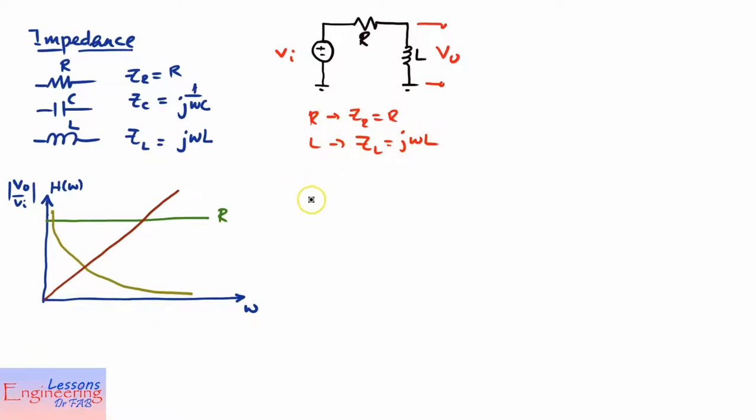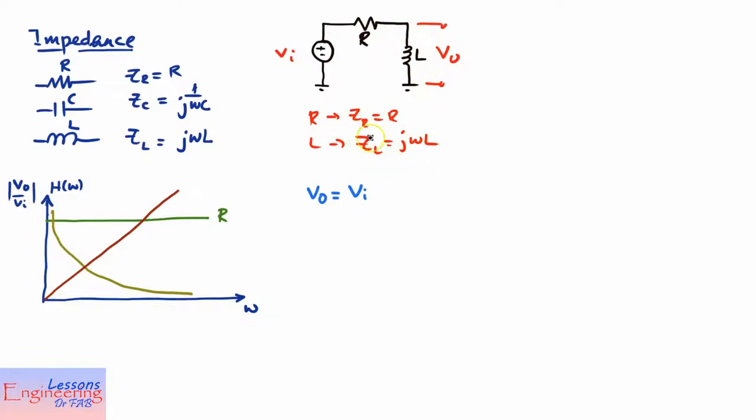Based on the discussion from topic 1, we can calculate the voltage across the inductor using the voltage divider rule. So V out will be V in times the impedance of the inductor over the total impedance.